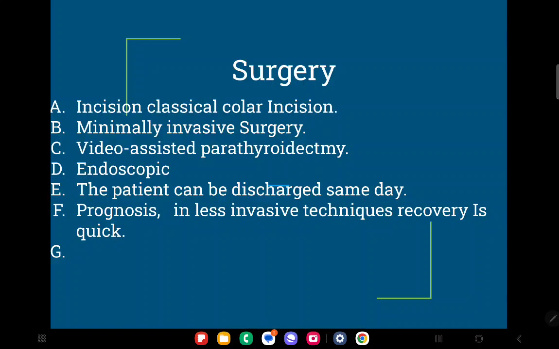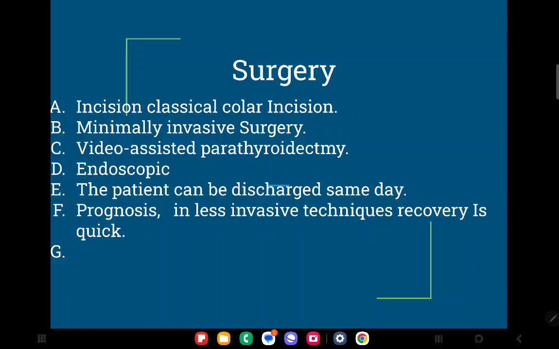Surgery, we said there is a classic incision like the collar incision for thyroidectomy, or you can use minimally invasive surgery, which is with a small incision, or even video-assisted parathyroidectomy, or even endoscopically.